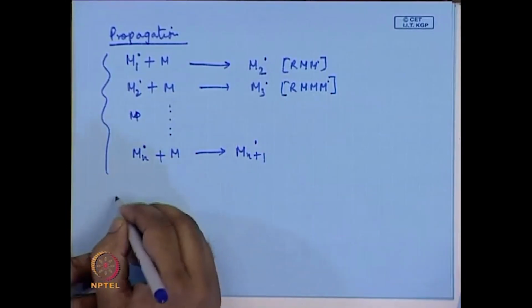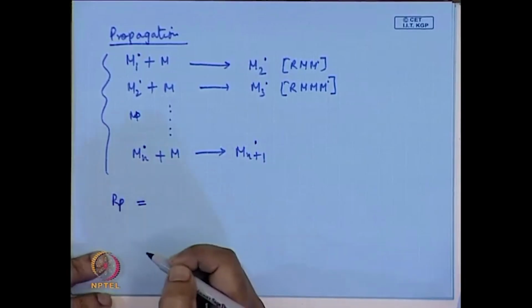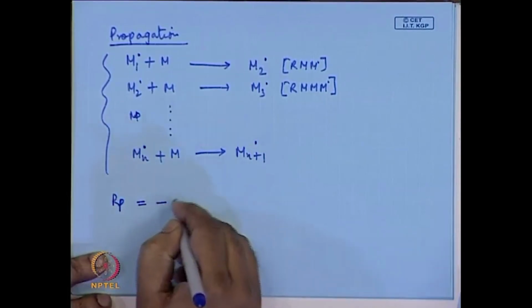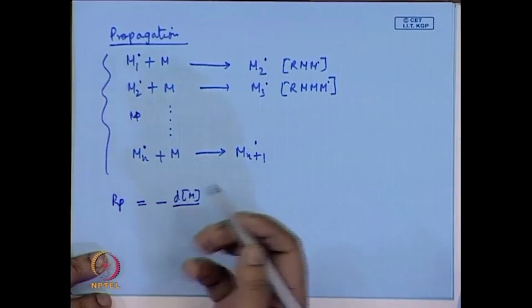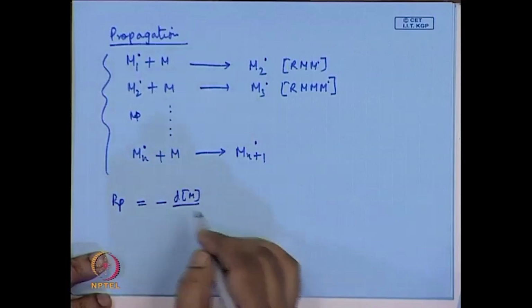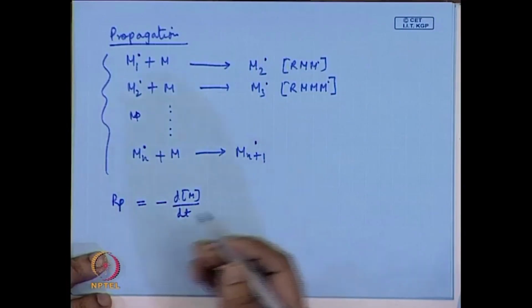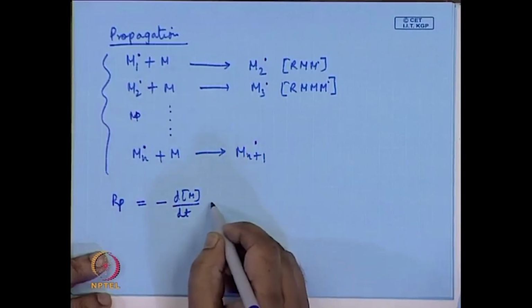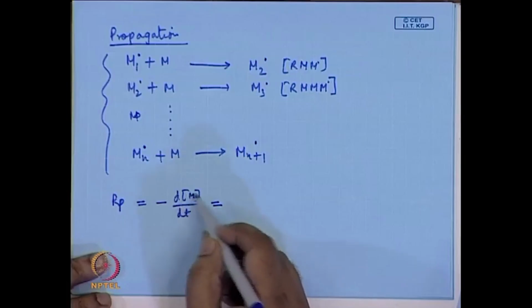Now, rate of polymerization Rp is given by the rate of consumption of monomers. It is assumed that the monomers which are getting consumed are reacting and becoming part of the polymer. What are the reactions in which the monomer is getting consumed?